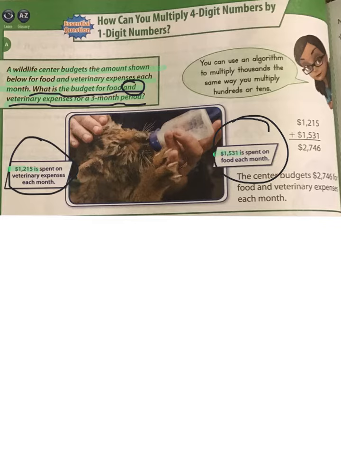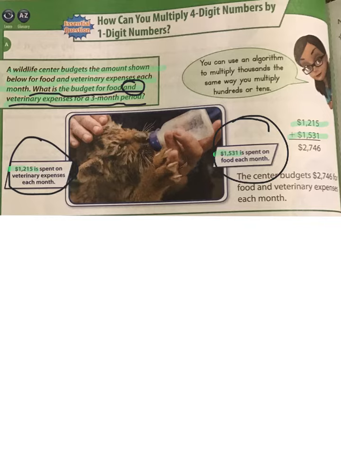We want to find how much they will spend in a 3-month period. So the first step that we have to do is to add $1,215 plus $1,531 because that is how much is spent on food each month and veterinarian expenses for each month.